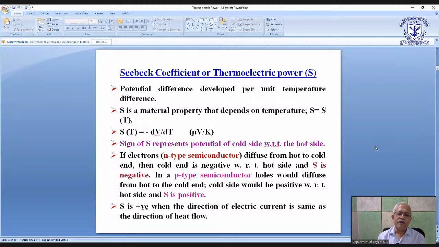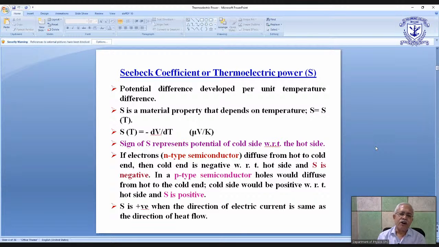In the same manner, if I take a P-type semiconductor, then the dominant carrier types are the holes. And if you heat one end of a P-type semiconductor, it is the hot holes which will diffuse towards the cold end. So what happens is that the hot end becomes more negative compared to the cold end. And in this case, as we argued for N-type, delta V will be negative and therefore S will become positive.